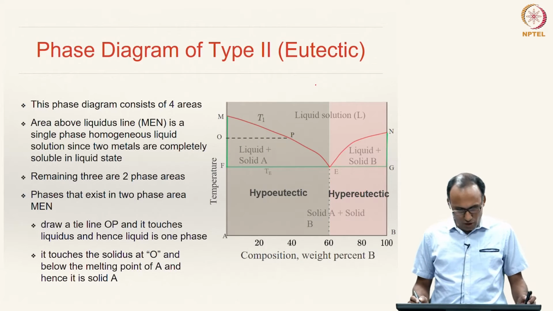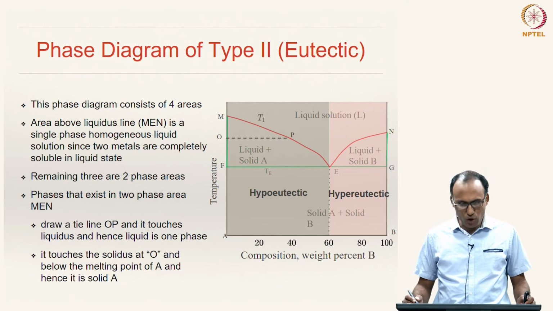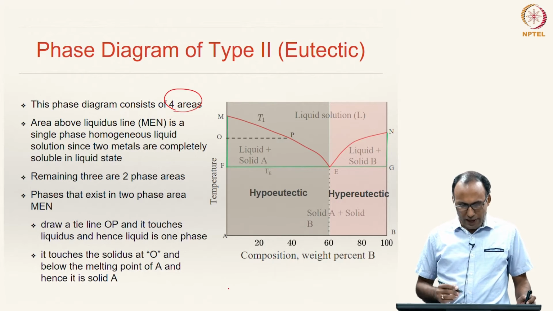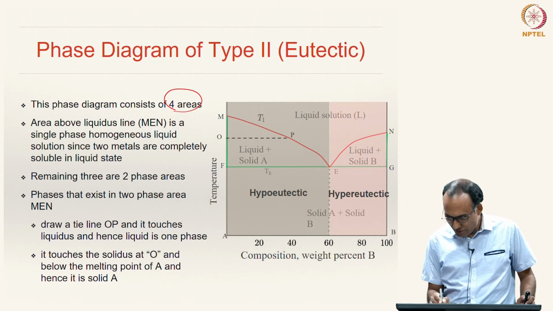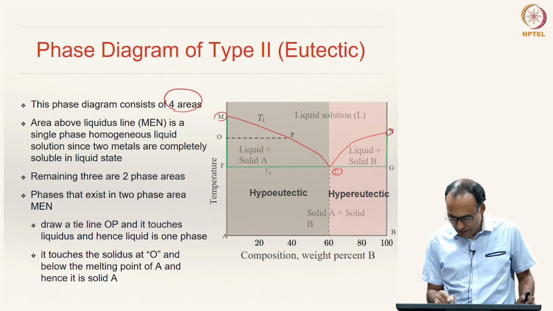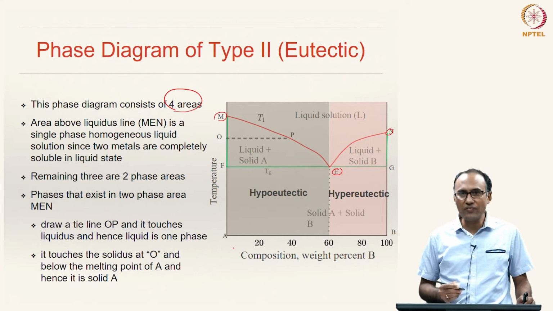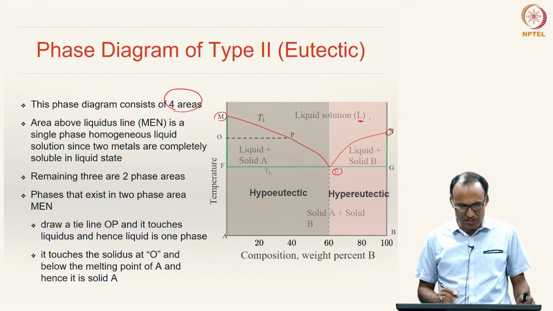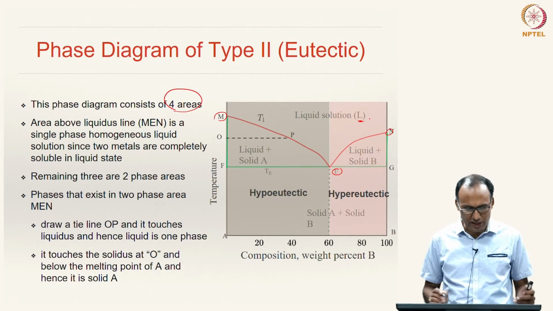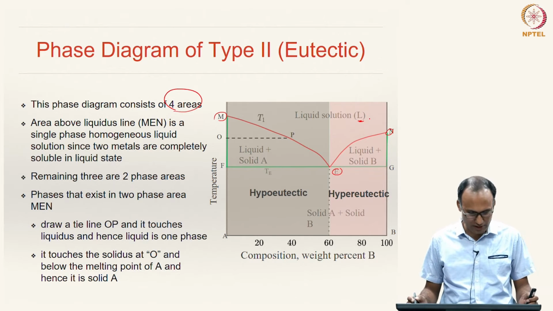All right. So, here we can clearly see that the phase diagram has 4 areas to be identified. The area above the liquidus line MEN is a single phase homogeneous liquid solution, L. This is a single phase region, which is actually a liquid solution of 2 metals A and B, which are completely soluble in the liquid state.